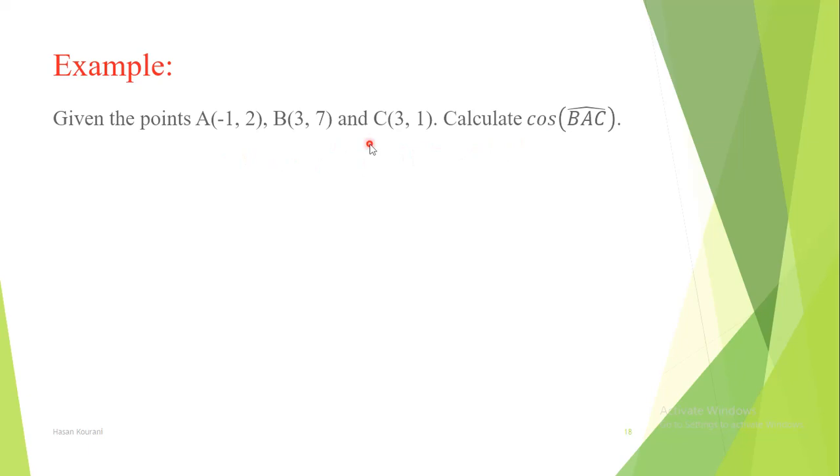Well, if you think about AC, BA, it's very easy. The vertex of this angle is A. Thus, stand at A and move left or right, and then you can easily get the suitable vectors, which are the AB vector and the AC vector, or AC and AB, never mind.